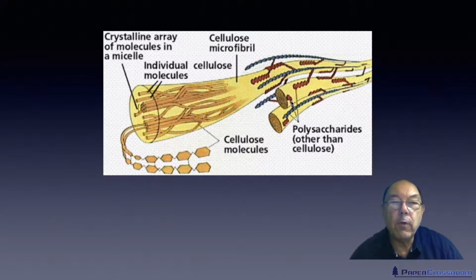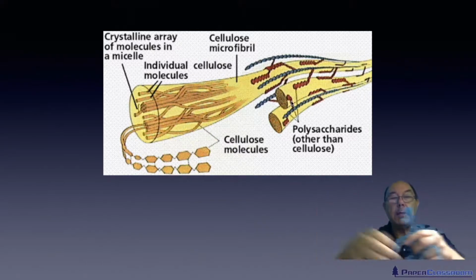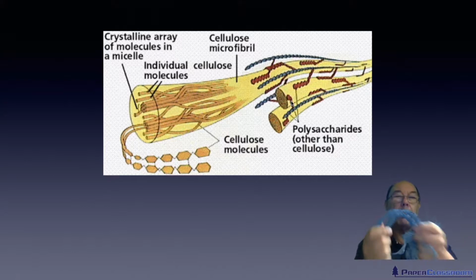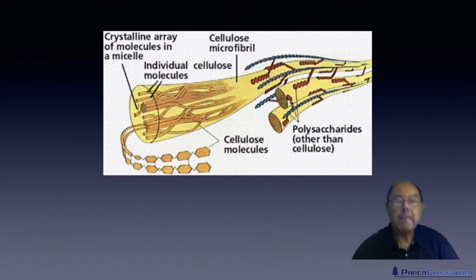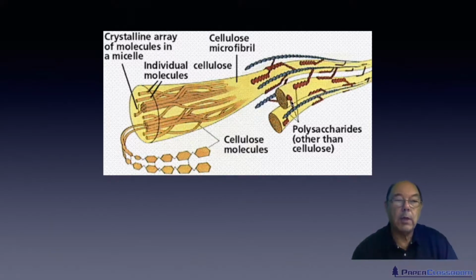Just before we move away from this, I'll just show you what I usually demonstrate in my face-to-face classes. So this is a piece of rope, but it's an excellent example of how fibres work. So nature brings together carbon dioxide and water, produces glucose units.